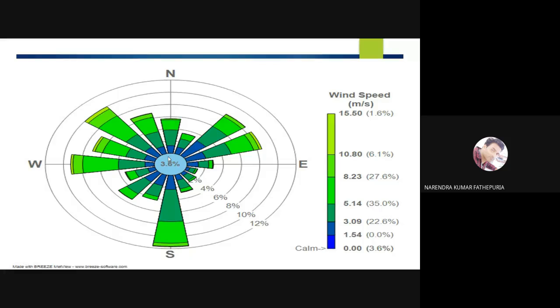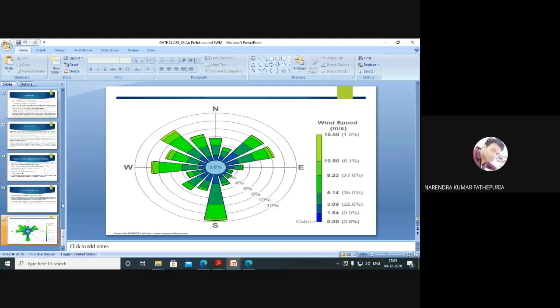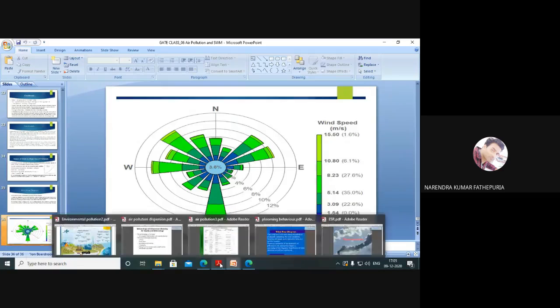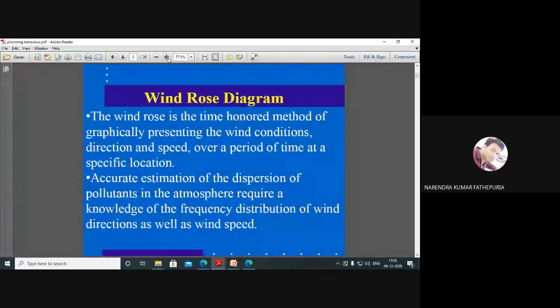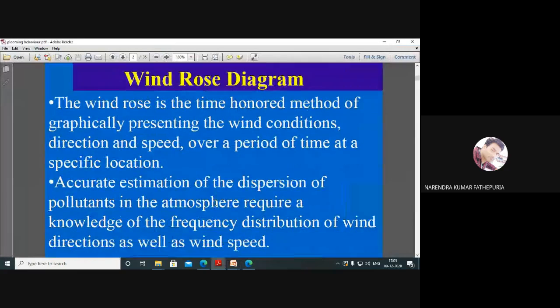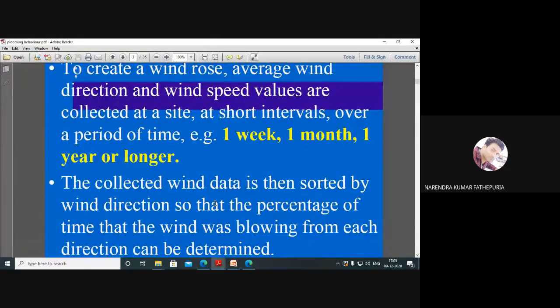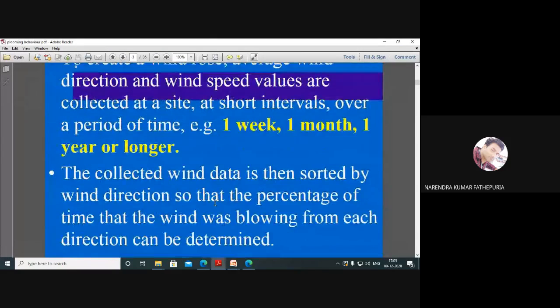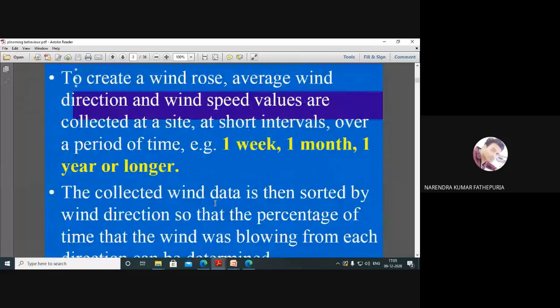When we were studying, we used to create a scale. So lastly, the windrose diagram. To extend the wind speed and wind duration, either we can run here for longer.